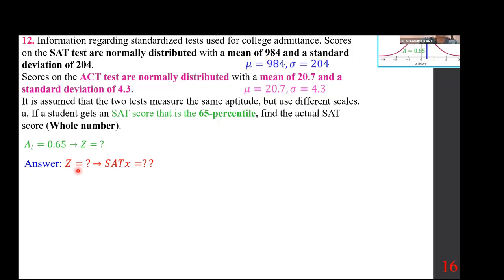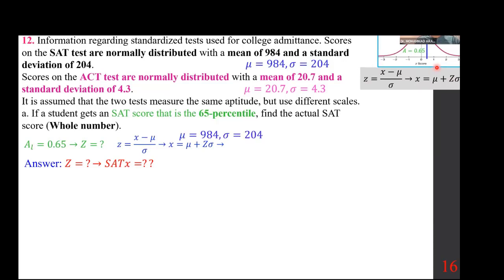After we find the z-score for SAT, we find the X value. How do we do that? Using this formula. Remember, z is x minus mu over sigma, cross product x is mu plus z sigma. So the key is to find the z. So that's the formula we are going to use.